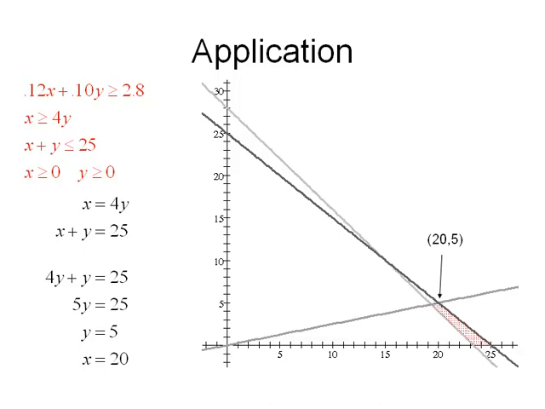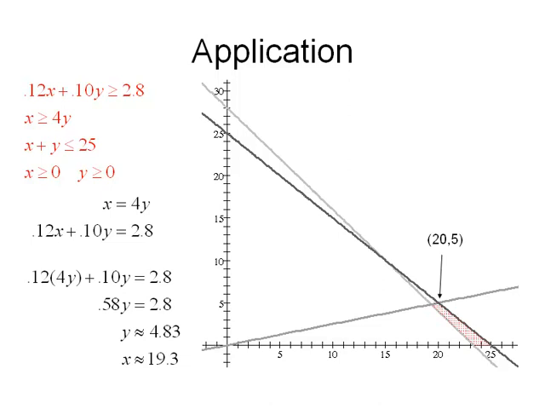Now let's go find some of the other corner points. Let's look at x equals 4y, but now with 0.12x plus 0.10y equals 2.8. Let's find that corner point. Again, it's easiest to use substitution here. I'm going to put in place of x 4y. 4 times 0.12 is 0.48, plus 0.10y gives me 0.58y.